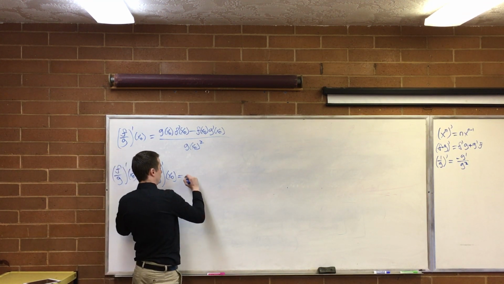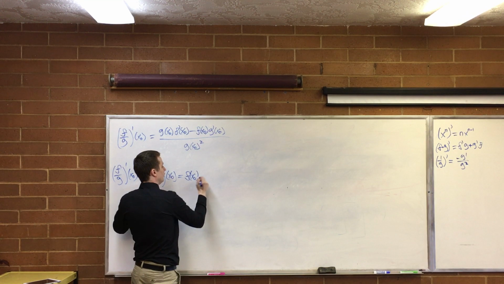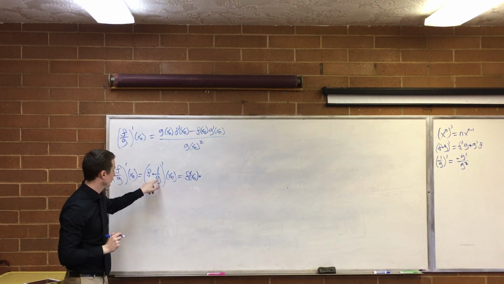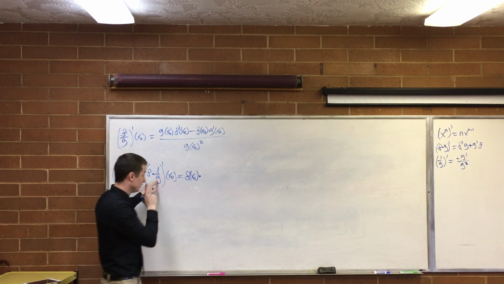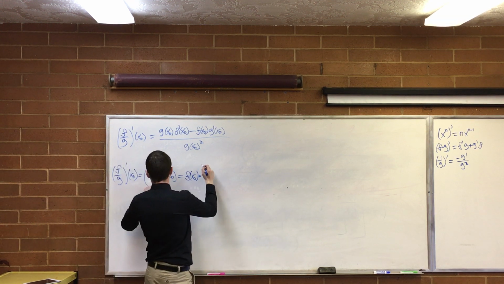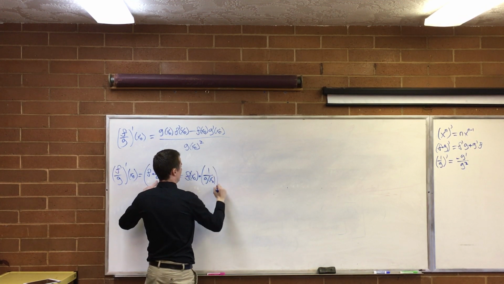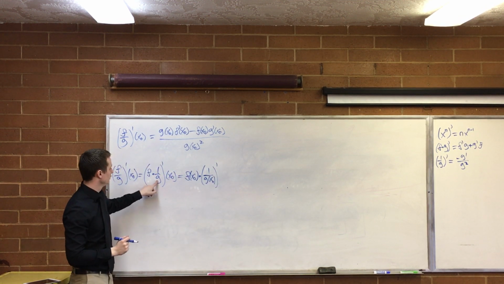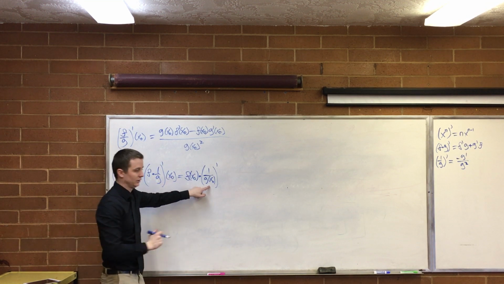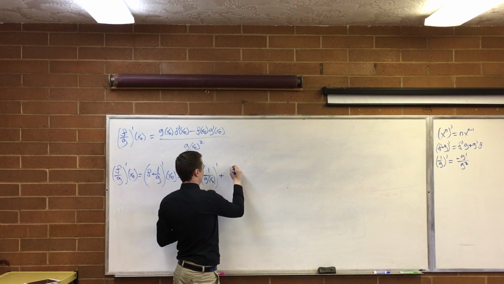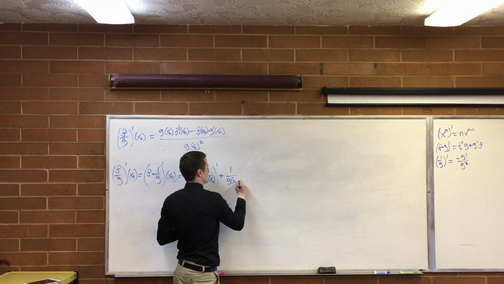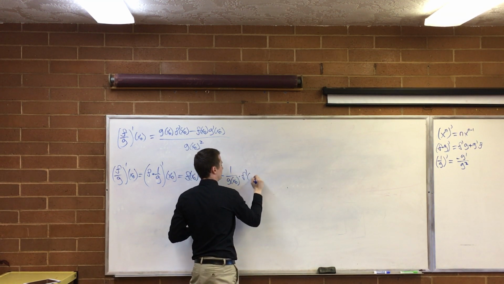So it's the first times the derivative of the second. Wait, what's the derivative of one over g? We have it, but for now I'll just write it this way and then we'll plug in. The first times the derivative of the second plus the second times the derivative of the first.